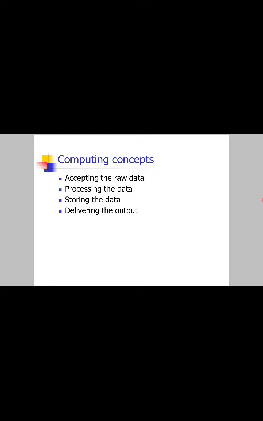So how the computer works means, simply, a computer accepts raw data or information and processes the data, whatever data it receives, and generates some type of results or outputs, and the outputs are sent to the users.